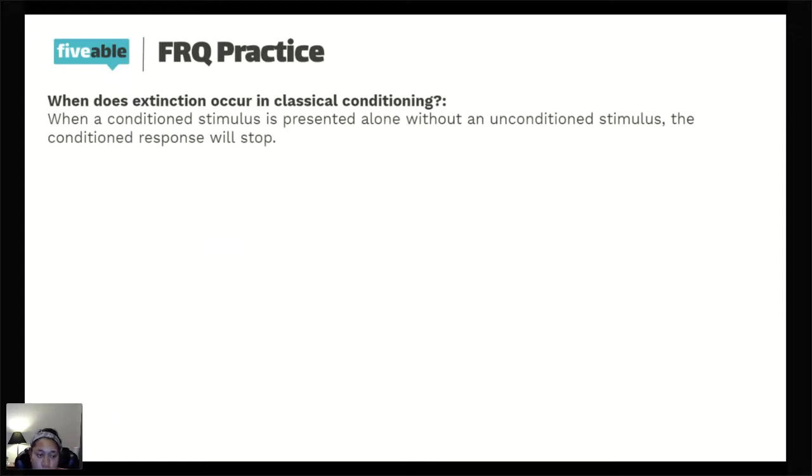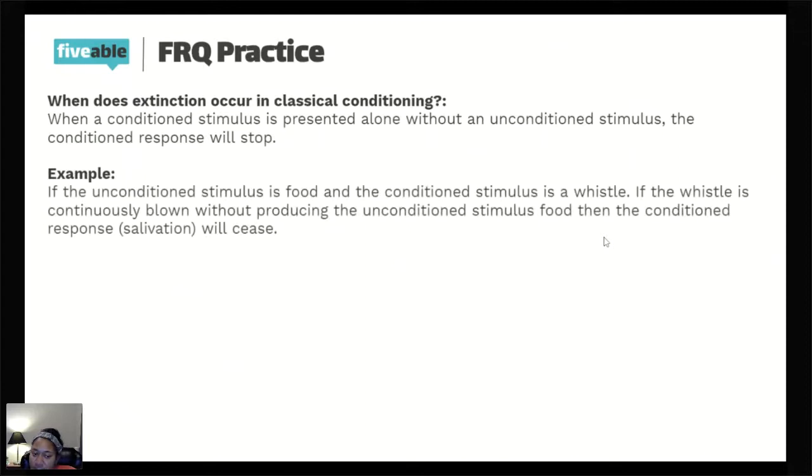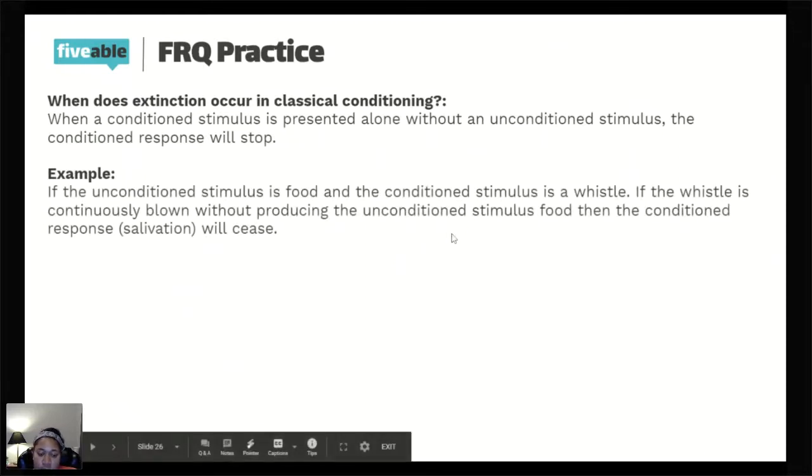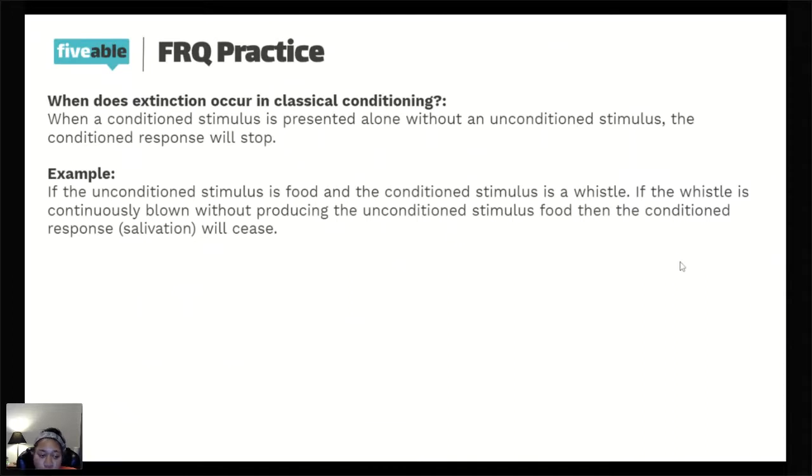So what will happen if this is presented alone without this? Extinction occurs. So example, if the unconditioned stimulus is food and the conditioned stimulus is a whistle, if the whistle is continuously blown without producing the unconditioned stimulus, food, then the conditioned response, salivation, will cease.